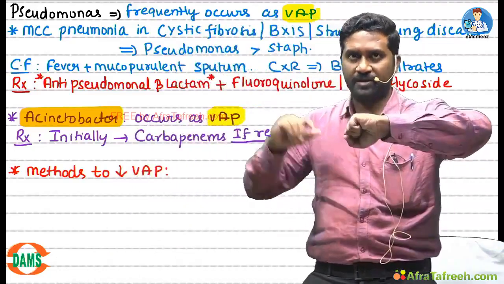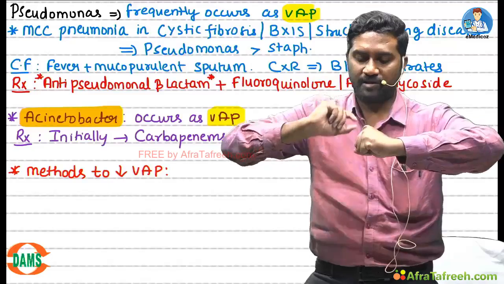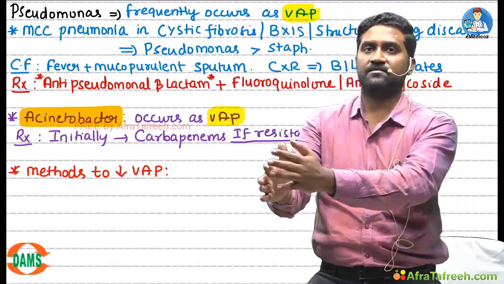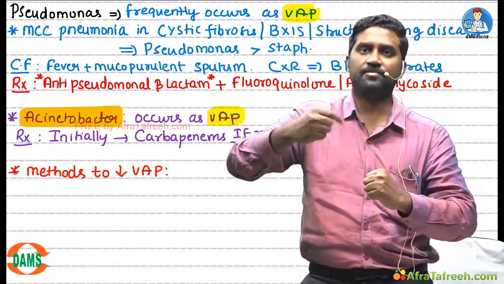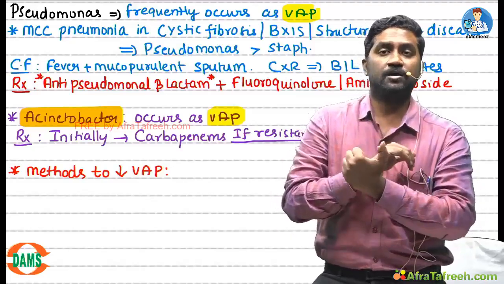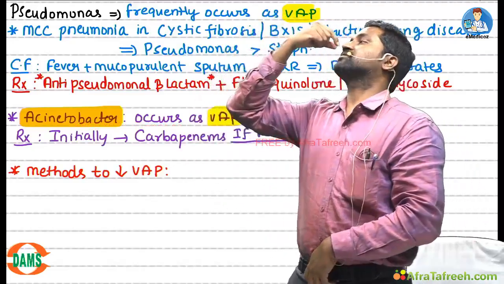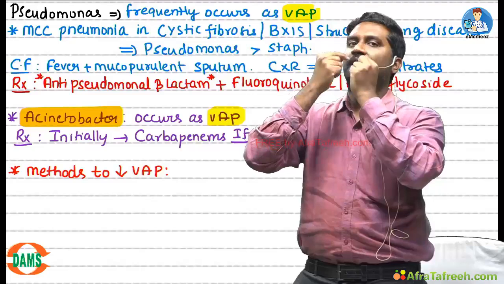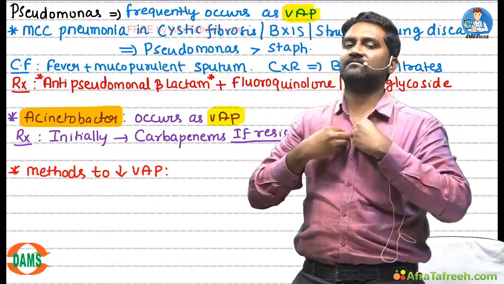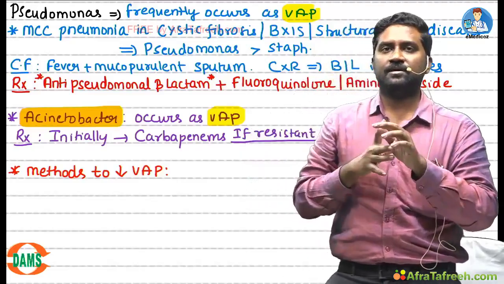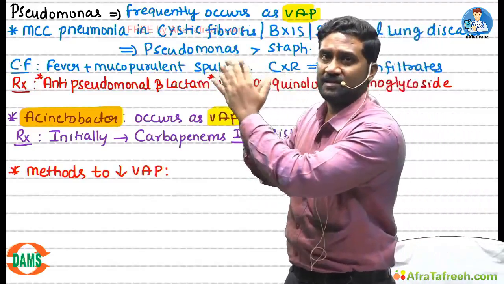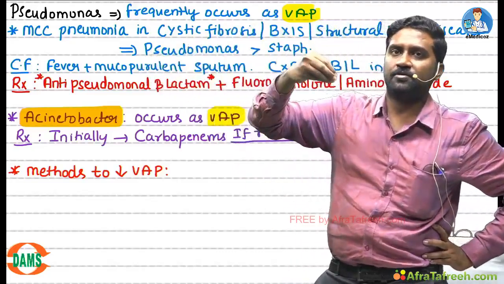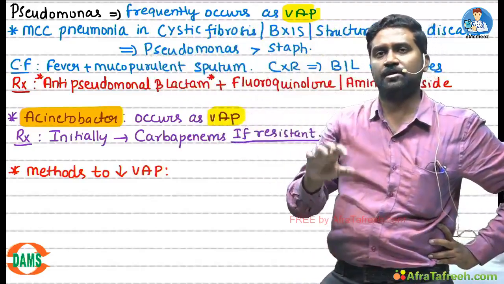Whenever you are intubating the patient from the oral cavity, you can push some secretions into the respiratory tract. As long as the tube is in place, along the walls of the tube, organisms from the oral cavity can descend into the lung. And third important thing, the ventilator itself is a huge source of infection. From the ventilator, organisms can go into the tube, and from the tube, into the lungs.